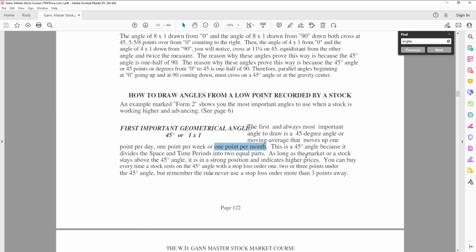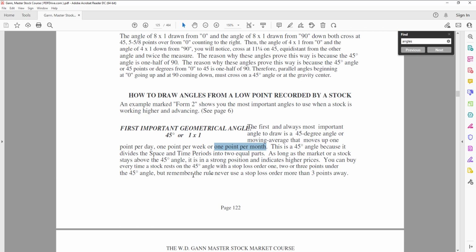As long as the market or a stock stays above the 45-degree angle, it is in a strong position and indicates higher prices. You can buy every time a stock rests on the 45-degree angle with a stop loss order 1, 2 or 3 points under the 45-degree angle.